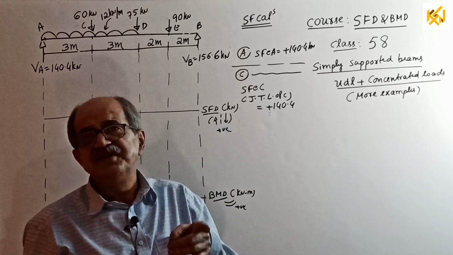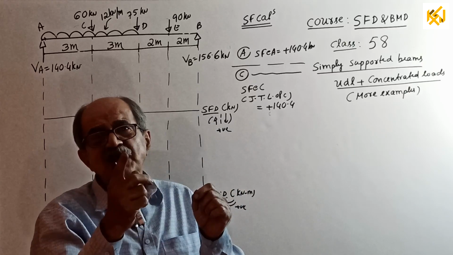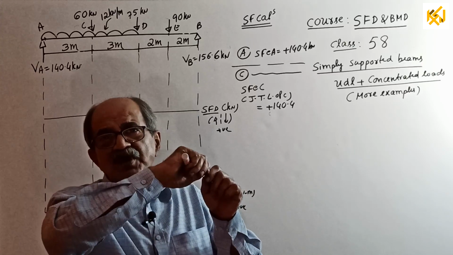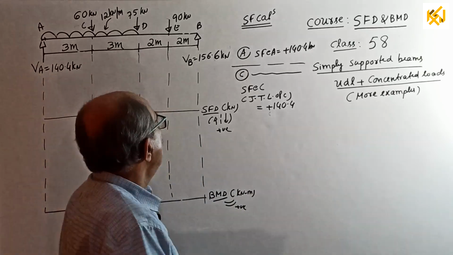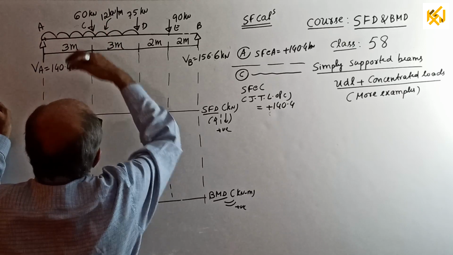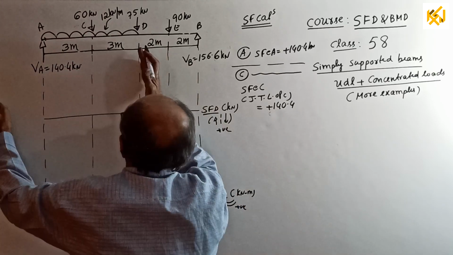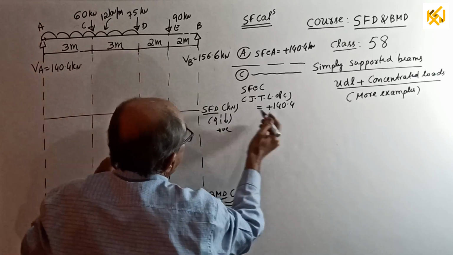Whereas once you find shearing force just to the left side, that is only for the point load. Then when you go just to the right side, see what is there. So here, up to C, there is UDL, down. From the left side, up is positive, down is negative.